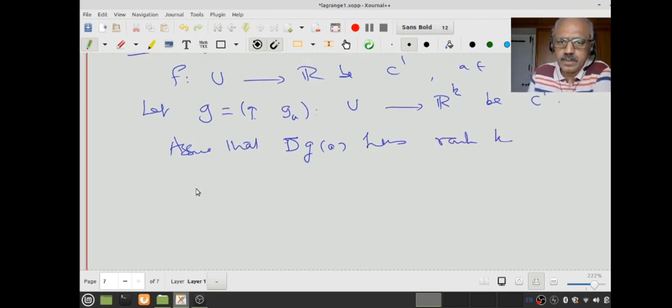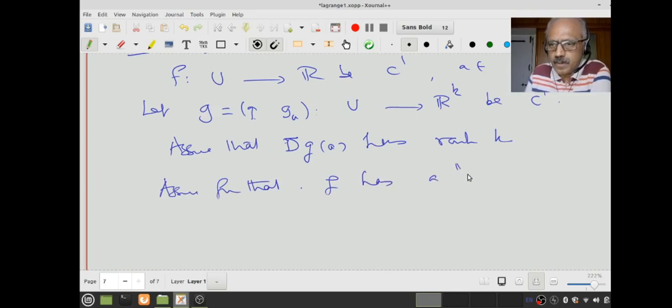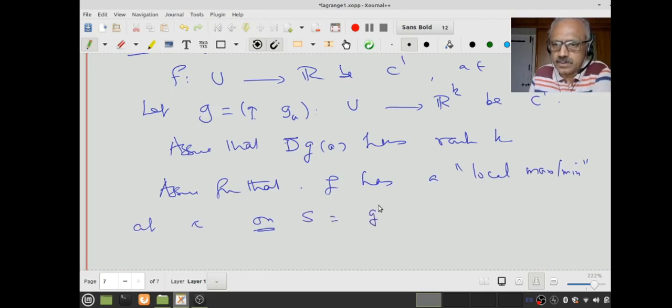I assume further that f has a local maximum or minimum at a on S, which is g inverse of g(a). If I assume g(a) equals 0, this is g inverse of 0.